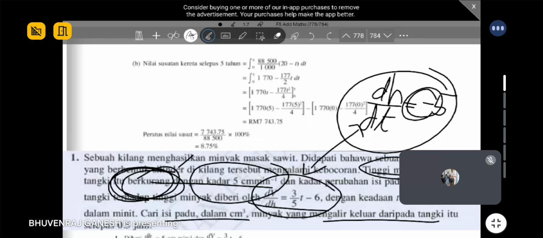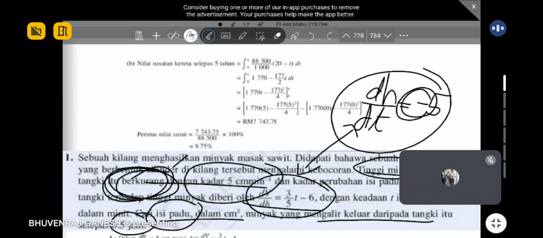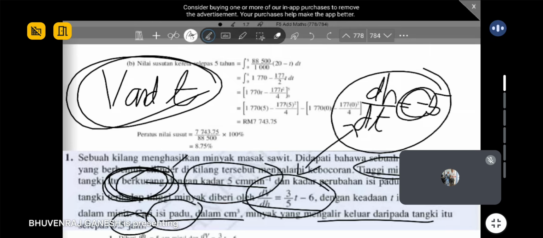Okay? So if you read the question, right, guys, they ask you to find the volume after 0.5 hours. So means that you want to connect V and t. Am I right? Kamu nak hubungkan dua kuantiti ni dalam soalan ni. Tapi kalau lihat info, kamu ada dua info ni. So means that you must connect both. Am I right? Kamu kena hubungkan dua info yang kamu ada.